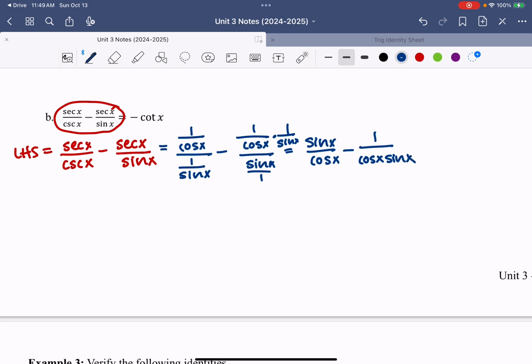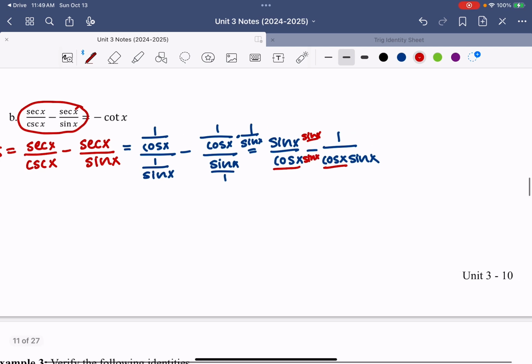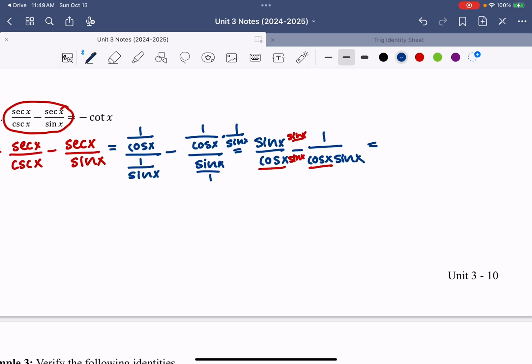Okay. So let's see, from here, I think that it might be helpful to get a common denominator. I already have the cosine portion of it, but my first term needs to have a sine x. So let's go ahead and multiply by sine x over sine x. Okay, so when I do that, in my numerator, I'm going to have sine squared x over cosine x sine x.